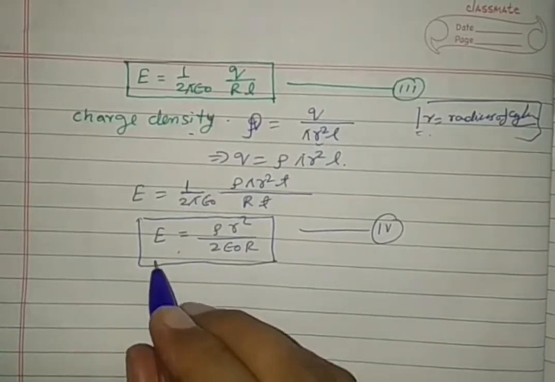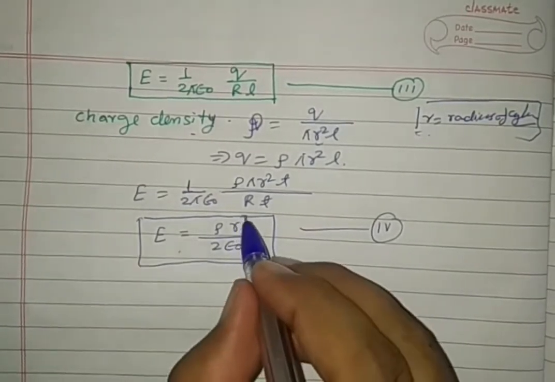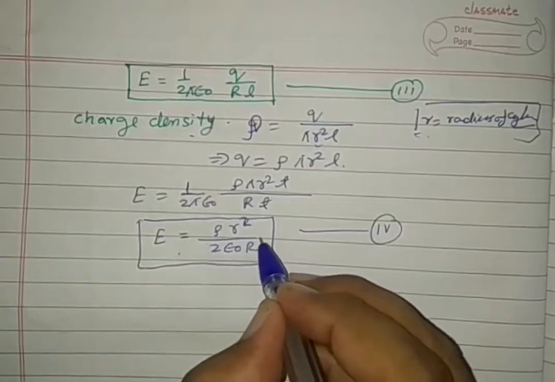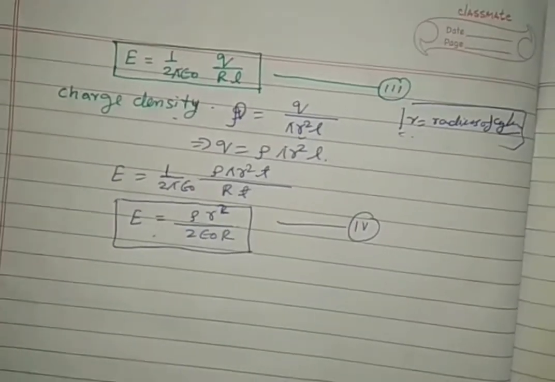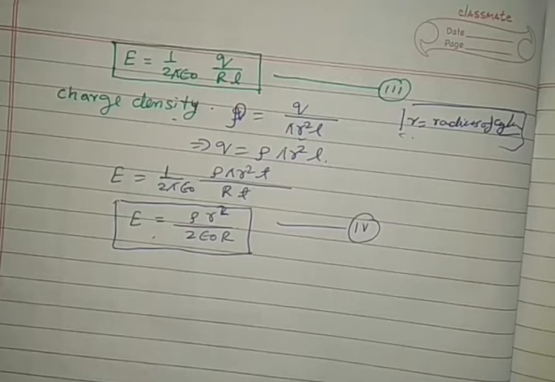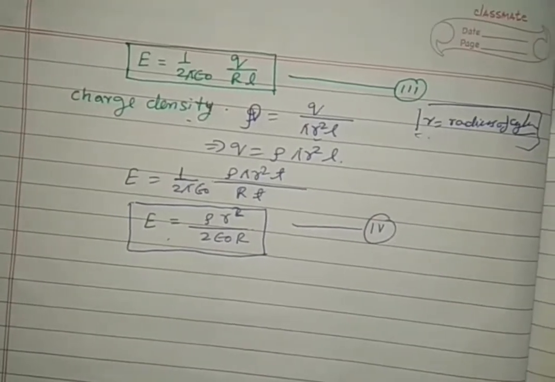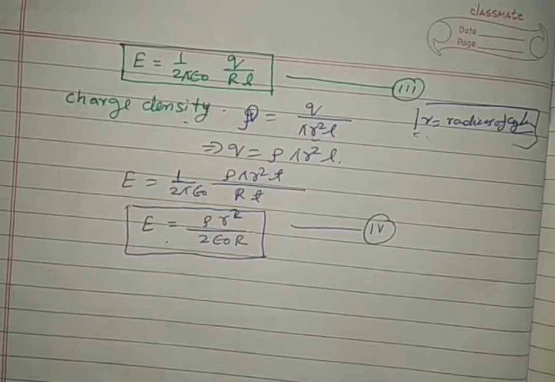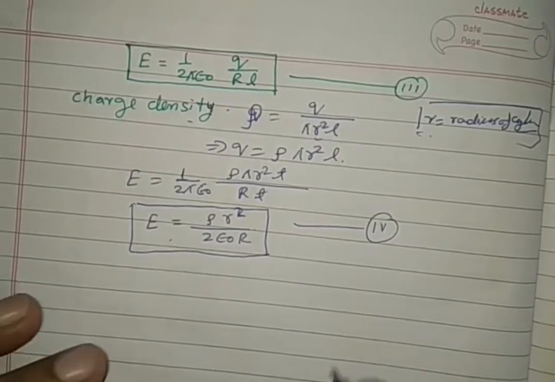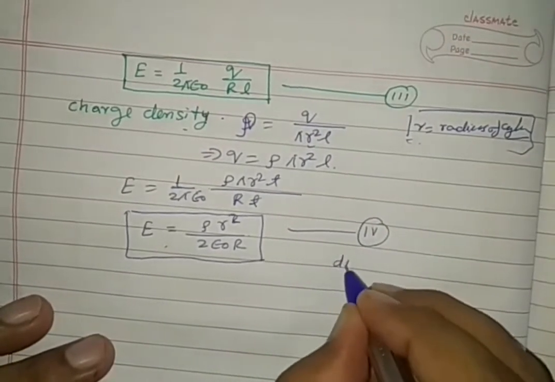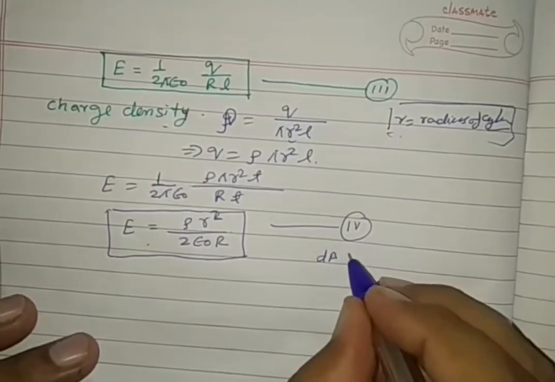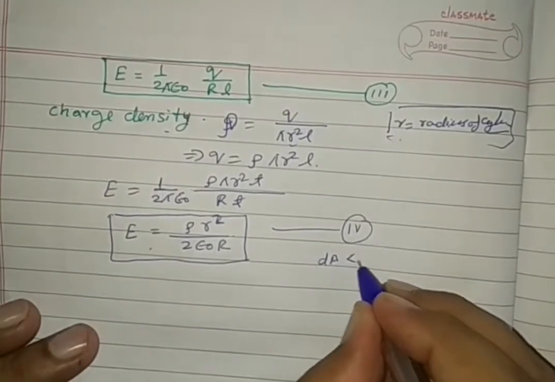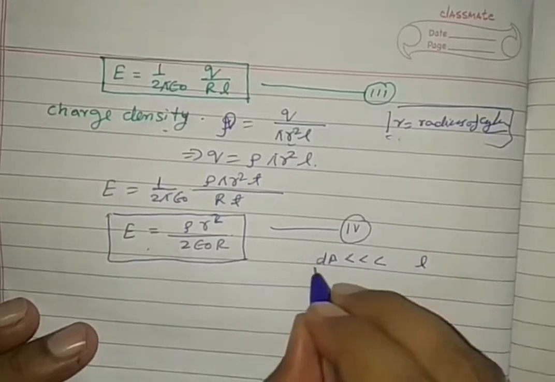Here in this formula you will find that there is no role of the length. And one more thing I want to explain is why I have mentioned the infinite long cylinder. I have made it infinitely long only because dA is much less in comparison to the length of the cylinder.